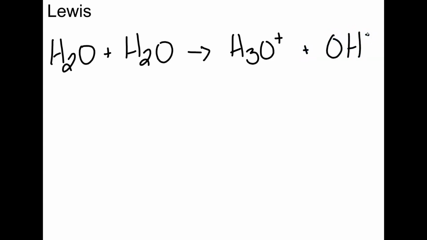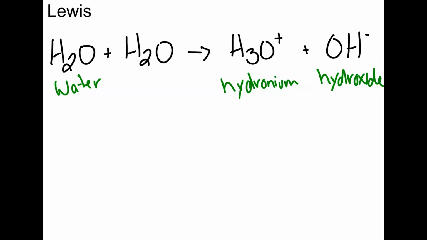Now, let's talk about what those all are. So we know that these are water molecules, right? And we know that this is called a hydronium. And we know that this is called a hydroxide. But one of these water molecules is acting like an acid. One of these water molecules is giving off a proton.